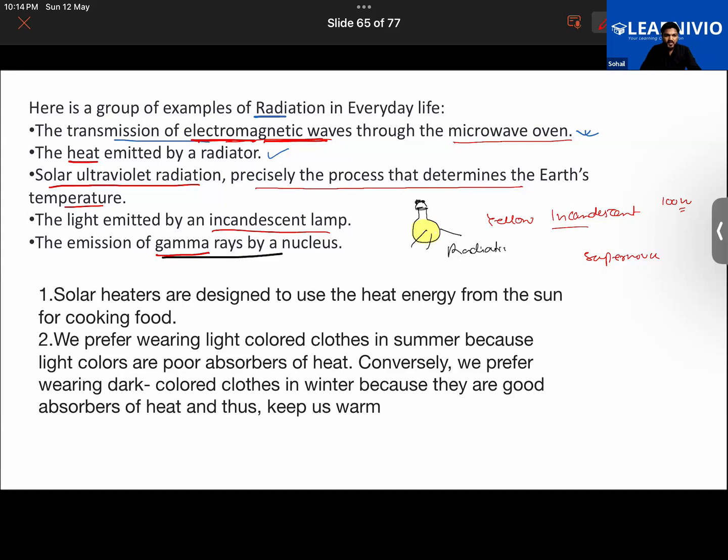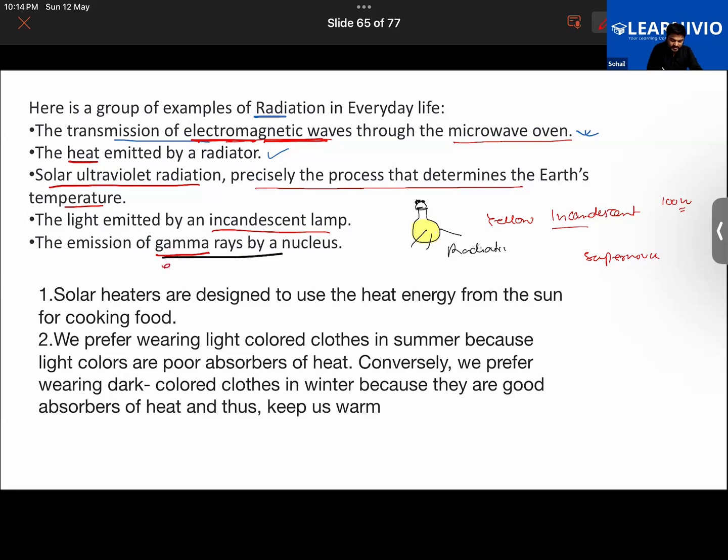Okay, let's come to Earth. You have heard of nuclear explosions, right? While nuclear bombs are exploded, that releases lots of gamma rays. Gamma rays consist of heat. So the heat that is emitted during a nuclear explosion is due to the gamma rays. Let me repeat.